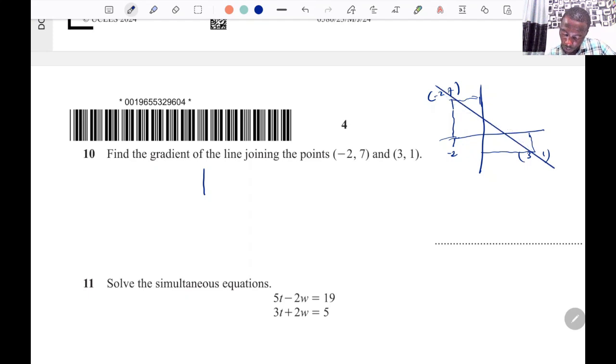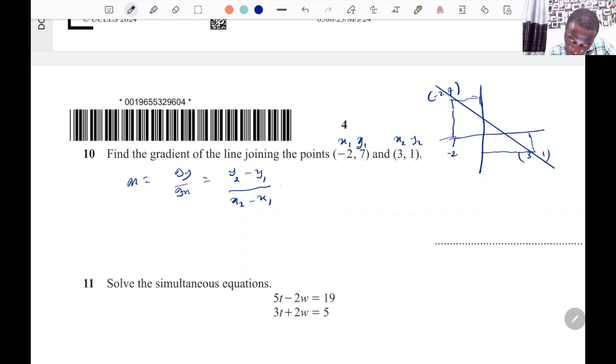So the question says we should find the gradient. The gradient m is always given as change in y over change in x, which is y2 minus y1 all over x2 minus x1. Let's take this to be x1, y1, and this x2, y2.